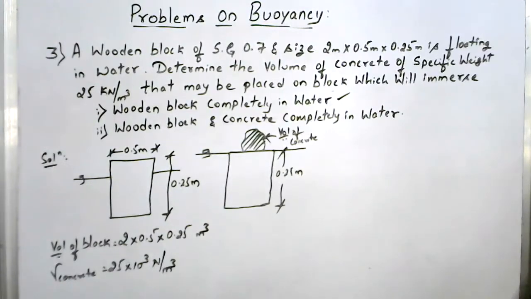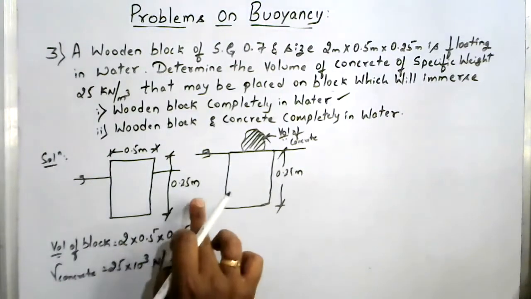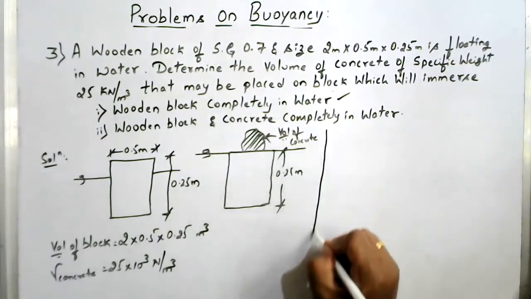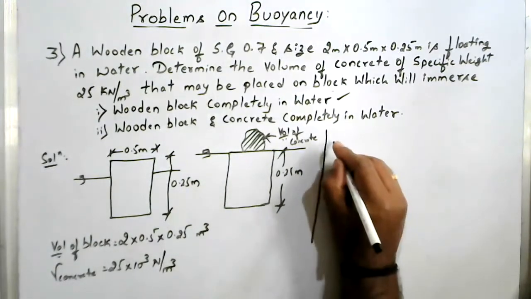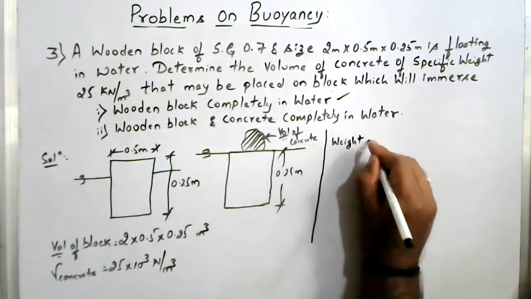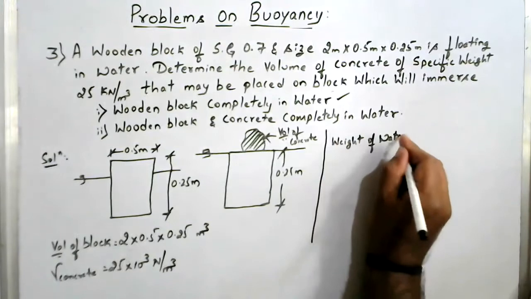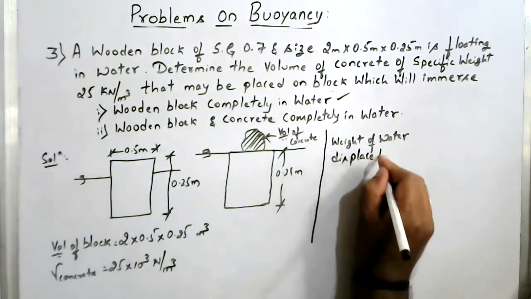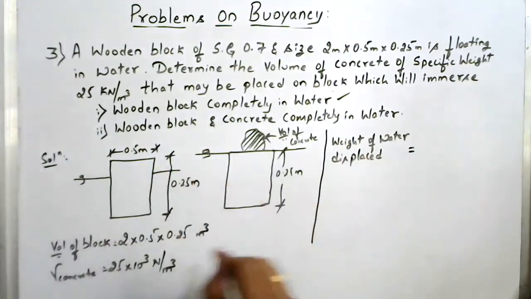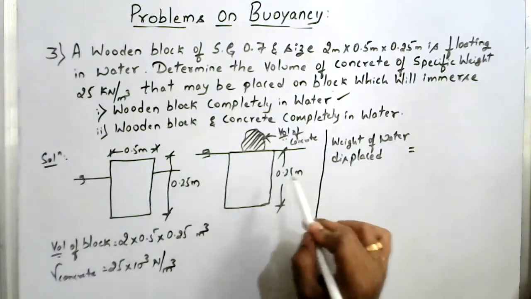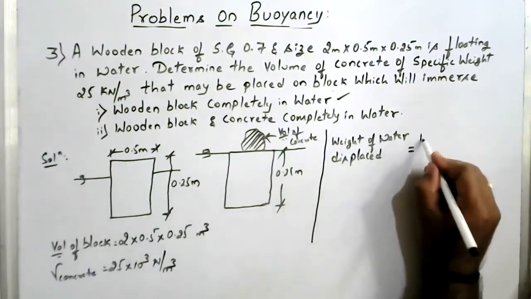So we know that, I'll write here, the weight of water displaced. Observe the sketch. Now this wood is completely in water. The weight of the water displaced is equal to what?